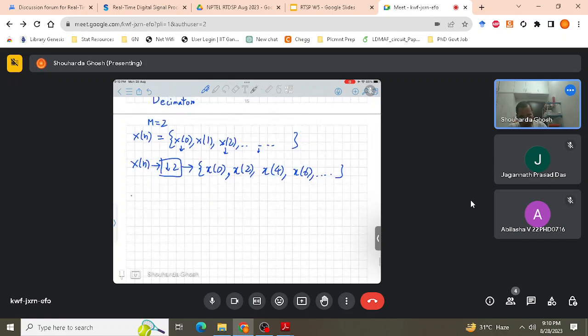Now let's say I shift x of n by 1 unit. What will I get? x of 1, this is the 0 point. Here this is the 0 point. x of 1, x of 2, x of 3, x of 4, x of 5. Okay.